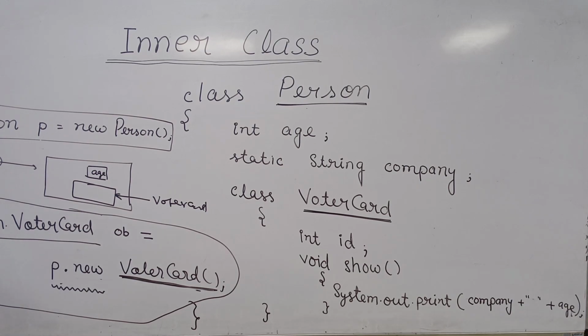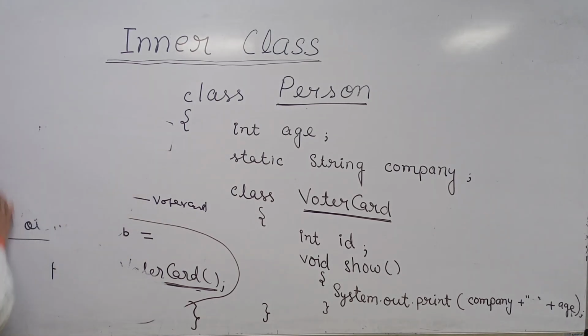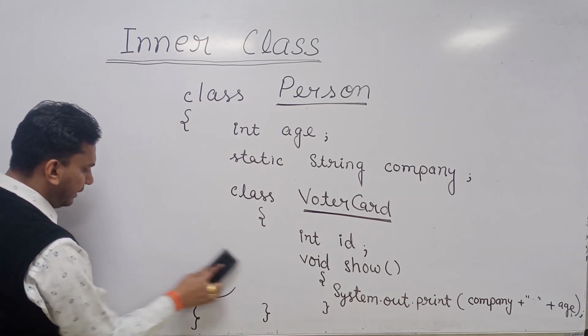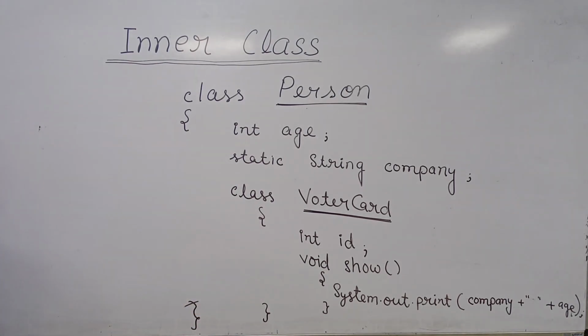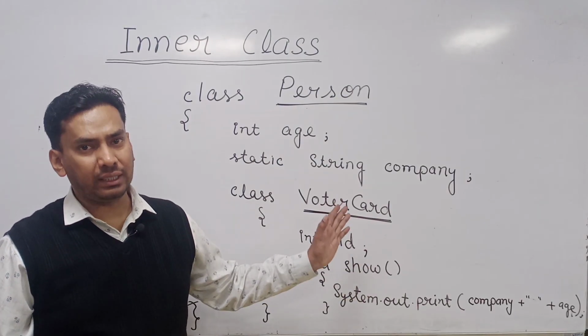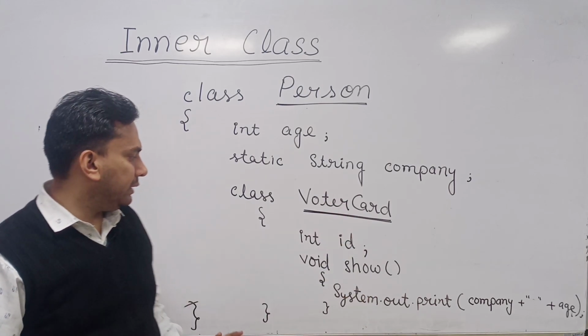Now coming to the properties of the inner class. So similar to the static nested class, let us discuss the properties with respect to the static nested class. So what we have seen is that the static nested class can access the static members of outer class directly, but it cannot access the non-static members directly.